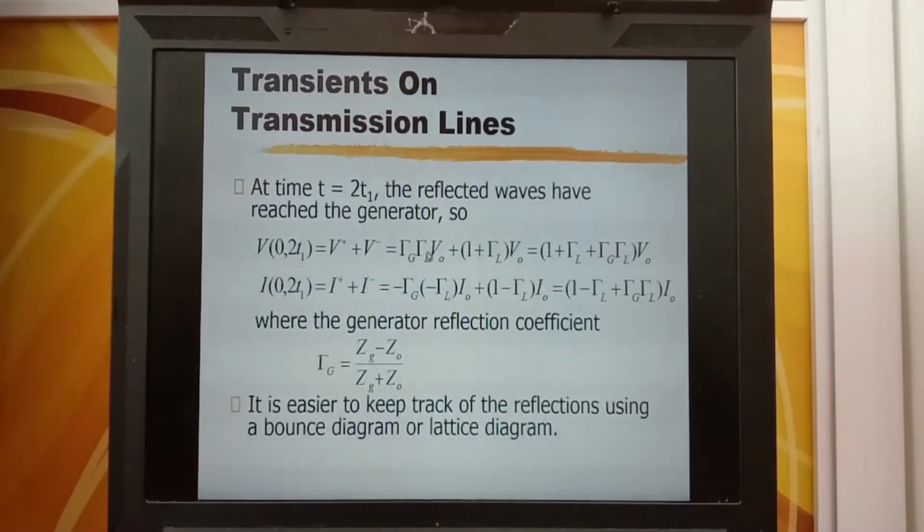The voltage level is given by rho L times V0, coming from the earlier reflected wave, multiplied with the reflection coefficient at the generator, rho G, where rho G is given by ZG minus Z0 divided by ZG plus Z0, where ZG is the impedance of the generator.